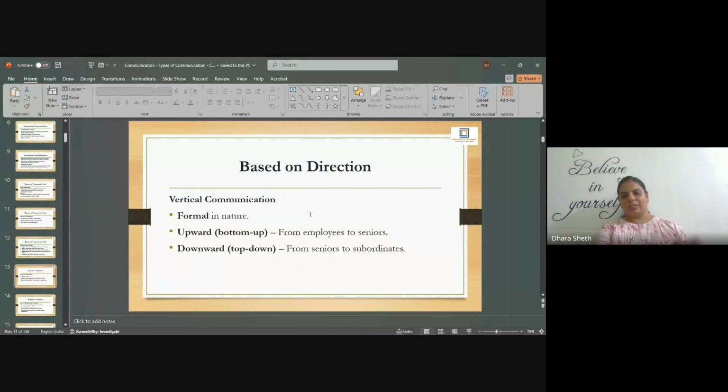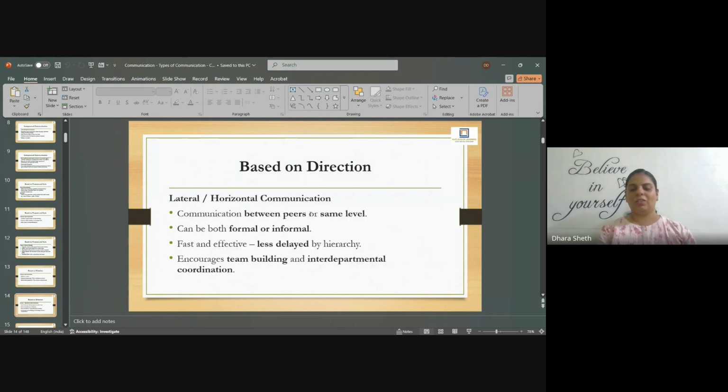Now, based on direction, vertical, formal in nature, upward, bottom up, like from employees to seniors, from professors to HODs, and downward is top down, from the management to the professors. Lateral or horizontal communication. It happens between peers or people at the same level.